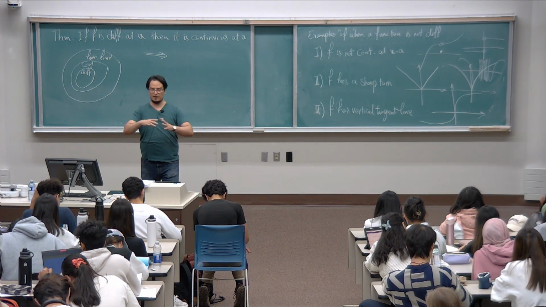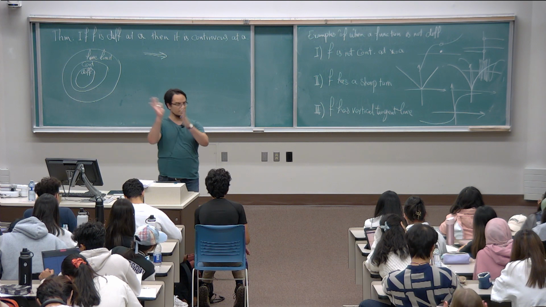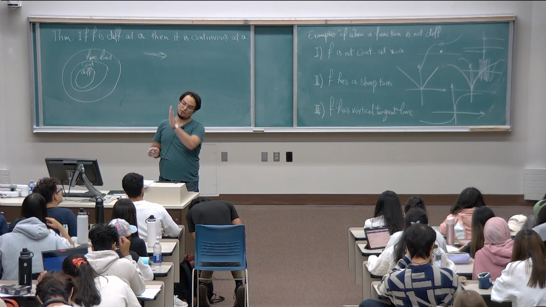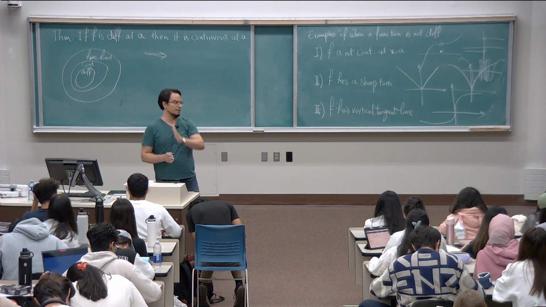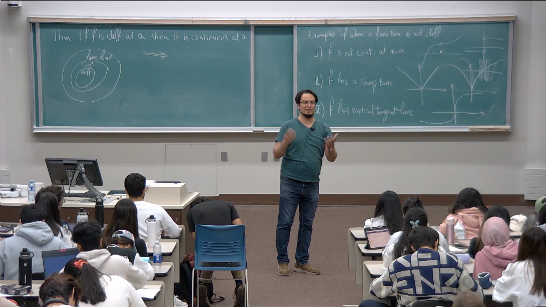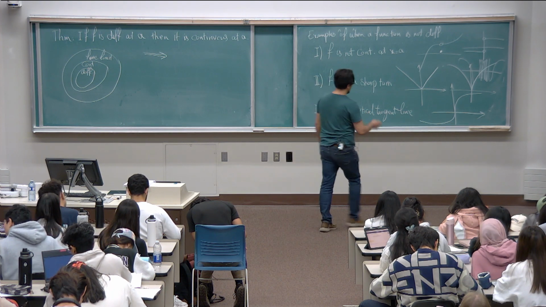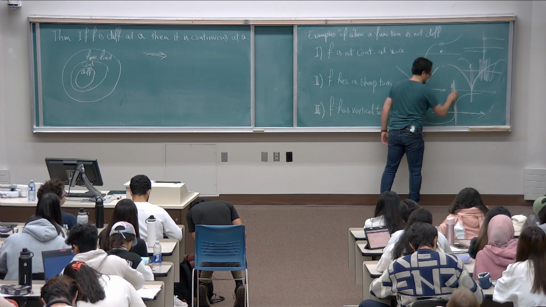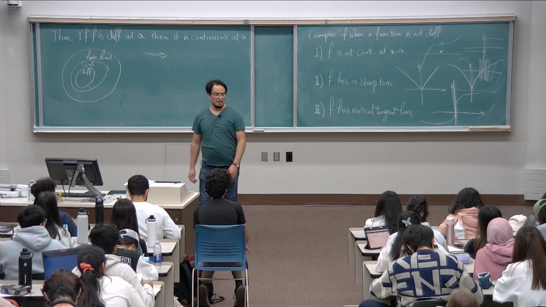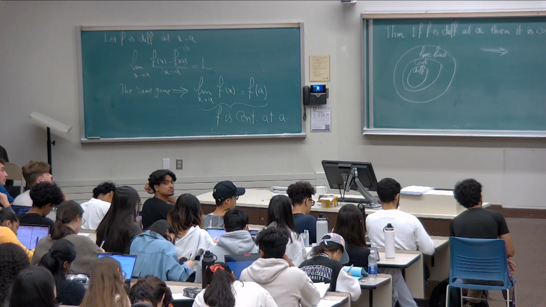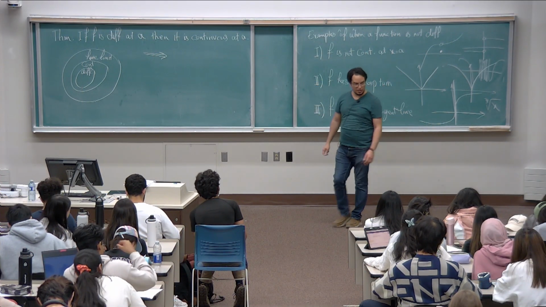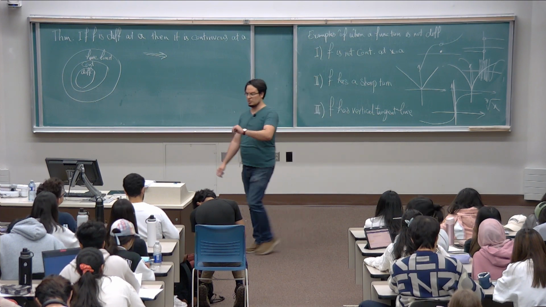The function is very nice. Everything works nicely. There's no strange thing happening there. But when you try to find the limit of the slope of the tangent line, you get infinity. And that is when you have a vertical tangent line. For an example of that, you can check the book. This is done very carefully in the book. The third root of x at 0 is of that form.